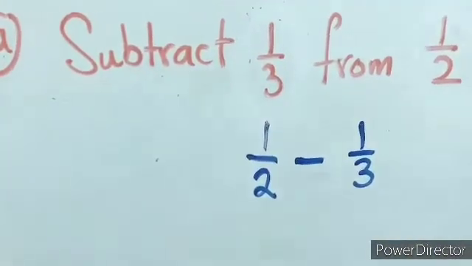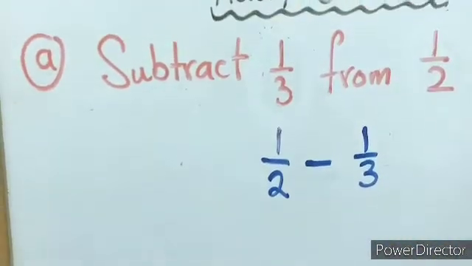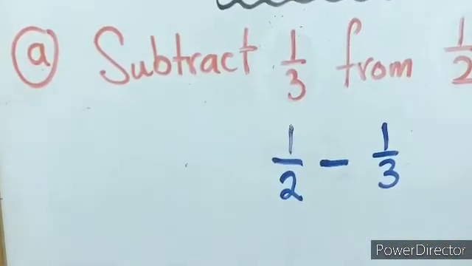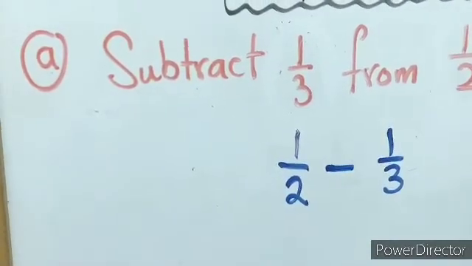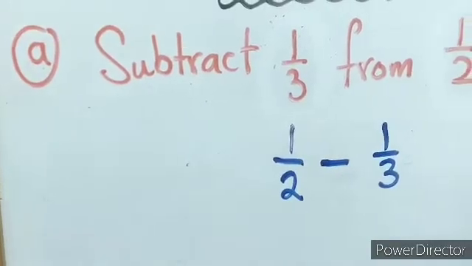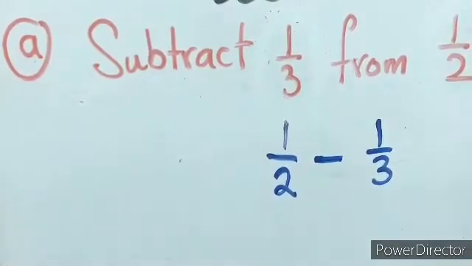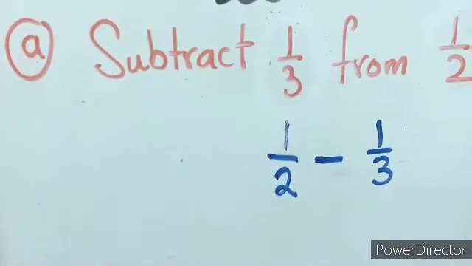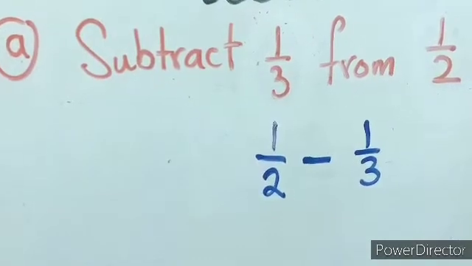Now on the second step, you will see the denominators of the fractions. As you saw that these two are different, means these are unlike fractions. So what is the first step? Yes, we have to change them into one common denominator.